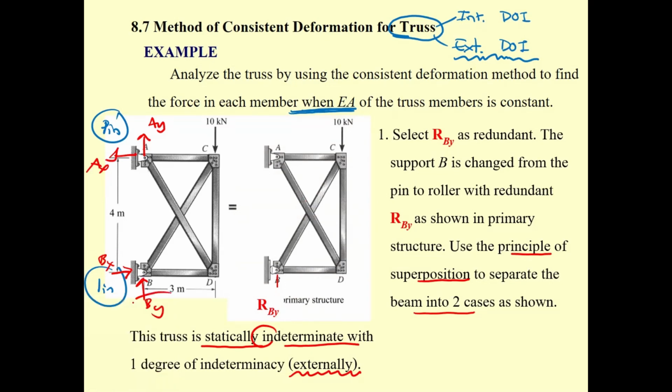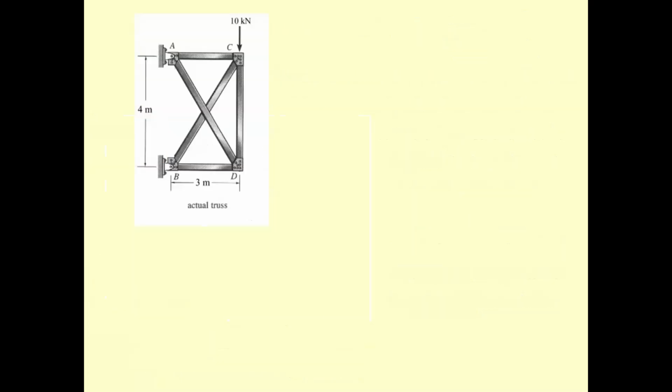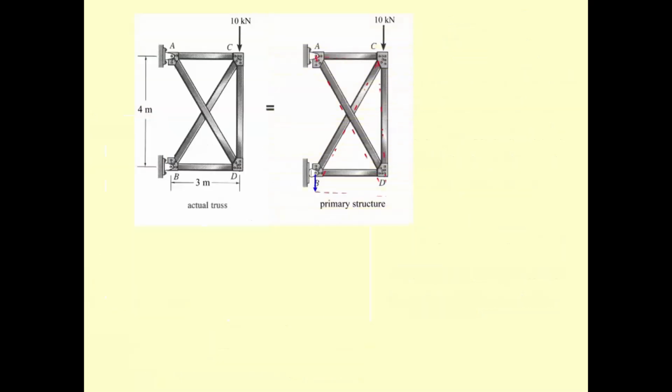Now, the support over here must change from pin to roller, and then you put the redundant force over there. Now you separate the task into two tasks.